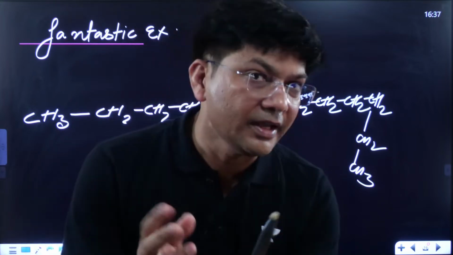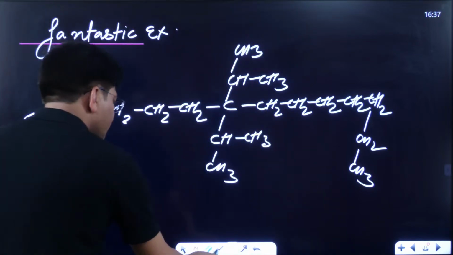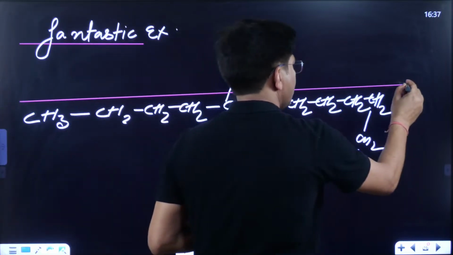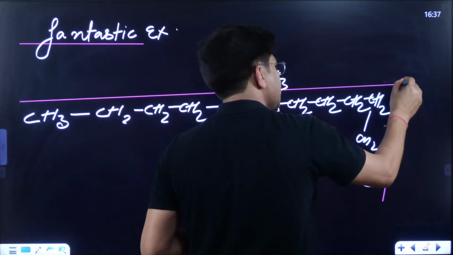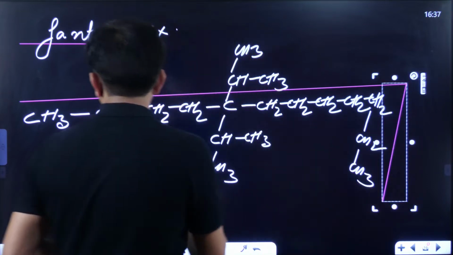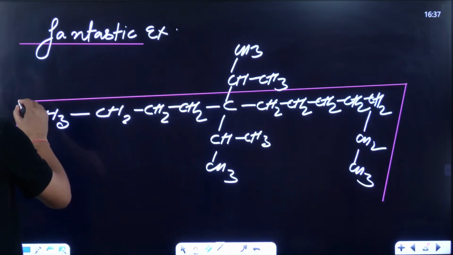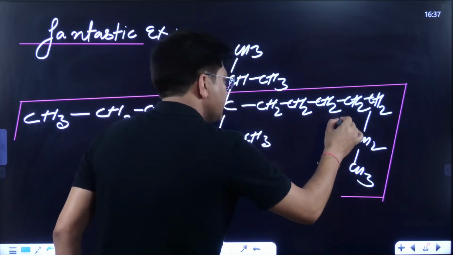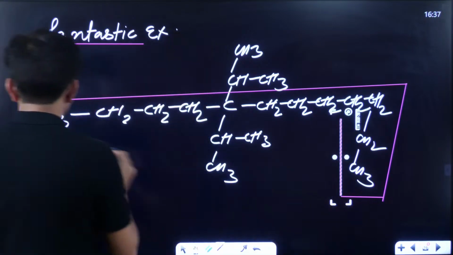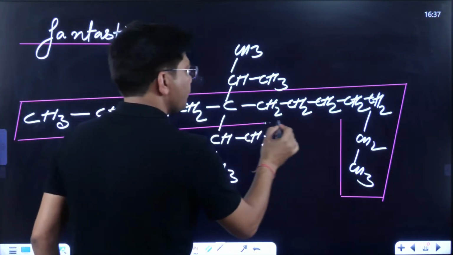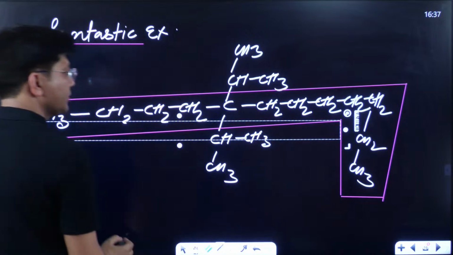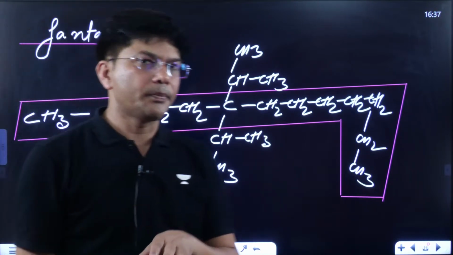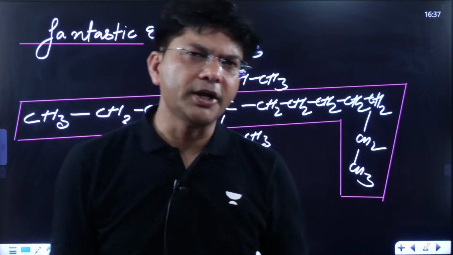Everyone, see, definitely this is going to be the longest chain, and this is your parent chain. In the previous section I told you the trick for the functional group priority order; you can see that video if you don't know it. Here no priority order is required.